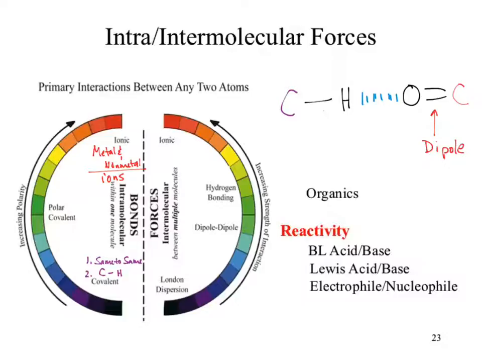Okay. Which now takes us to what I said was the easiest one and the hardest all at the same time. Polar covalent. What is a polar covalent bond? Everything else. Okay?